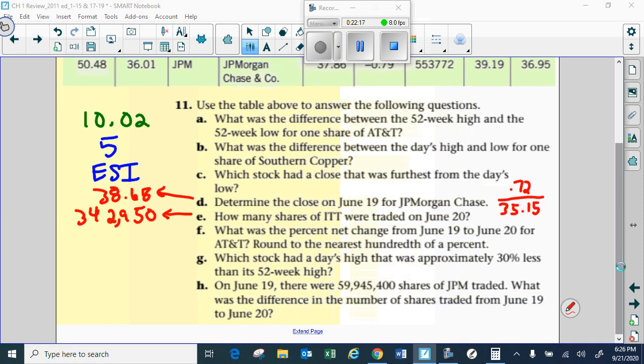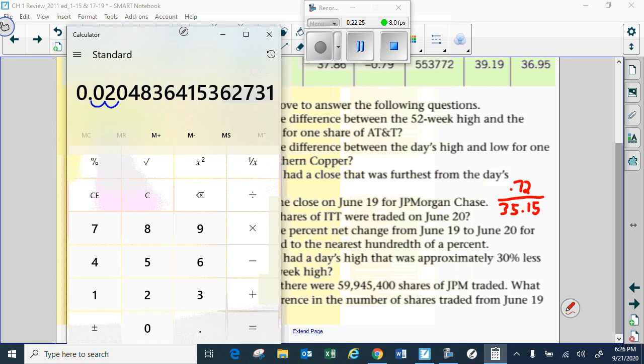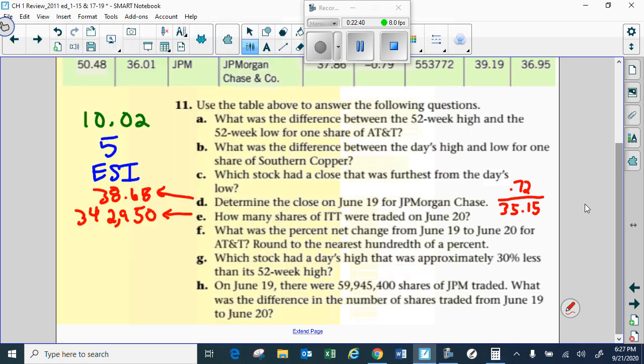Okay, put that on a calculator. 0.72 divided by 35.15, and then times 100 to change it to percent. And we're rounding to, was it the nearest tenth? Oh no, the nearest hundredth of a percent. So 2.05 would be my answer then.